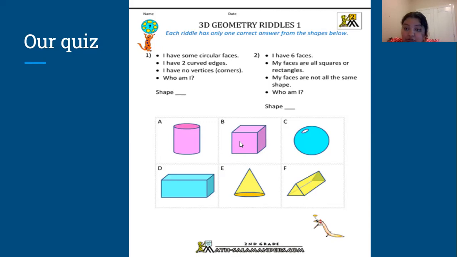So with this one, if you want to draw it again on another sheet of paper so you can see the different lines, you can. Because I know on these pictures, you don't see them, or you can draw them in yourself. But that's going to be our quiz for today.